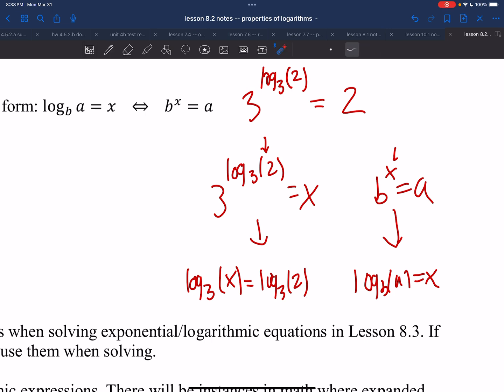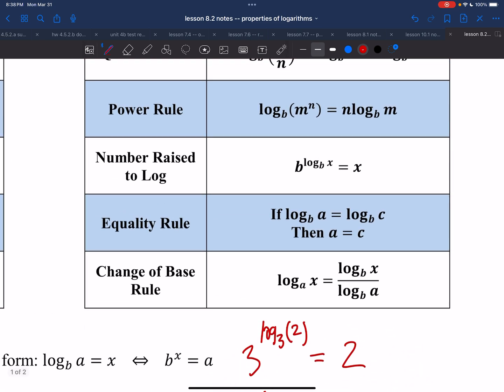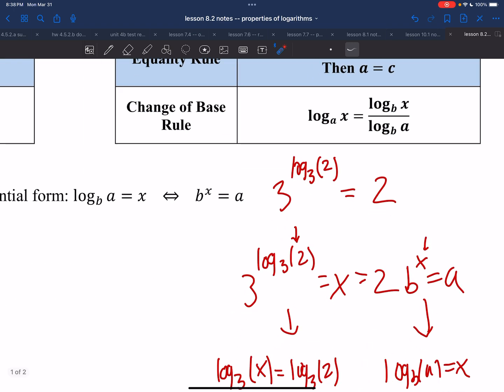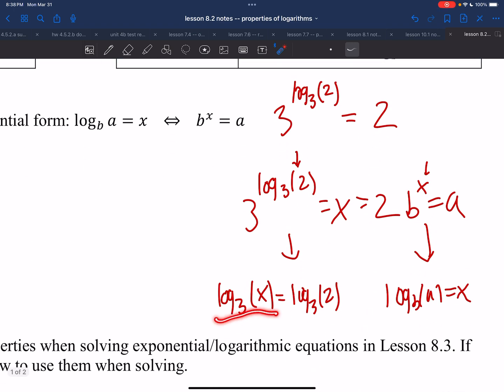And then you say, oh, look, log base 3 of x equals log base 3 of 2. The conclusion must be that x is 2, right? Thus, it's 2. So that's why that rule works, it's just inverses. They inverse each other. The equality rule is actually that thing we just said. If log base 3 of x equals log base 3 of 2, then x is 2. X equals 2. That's what that says.